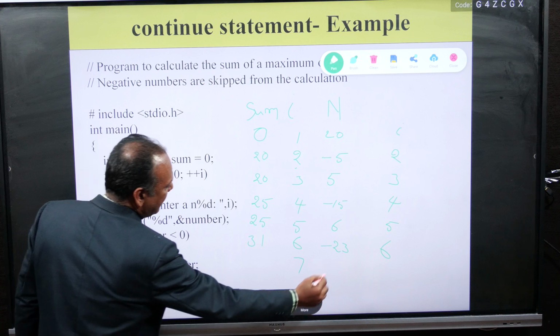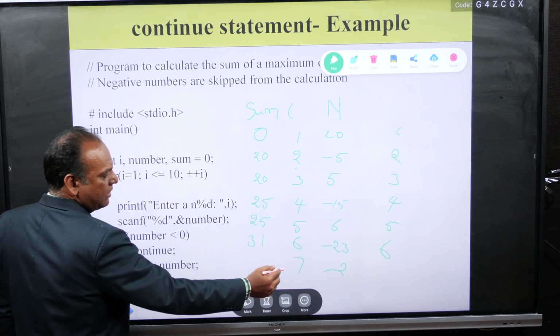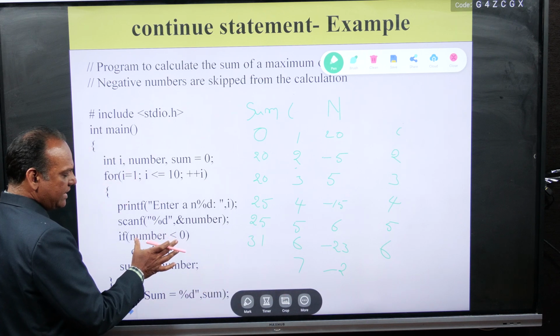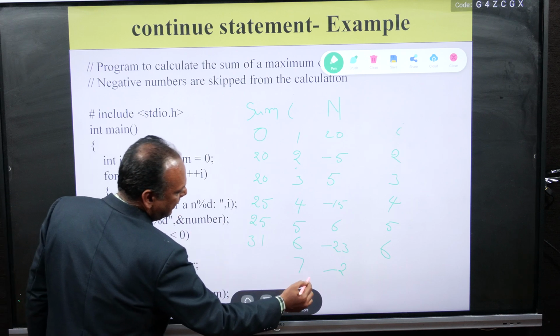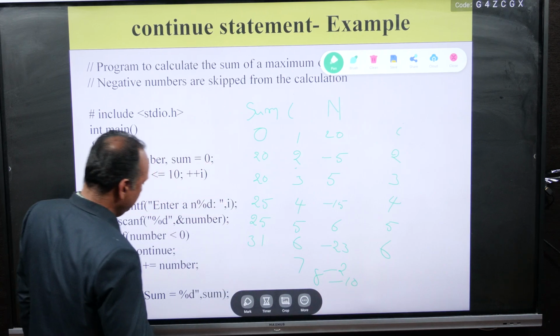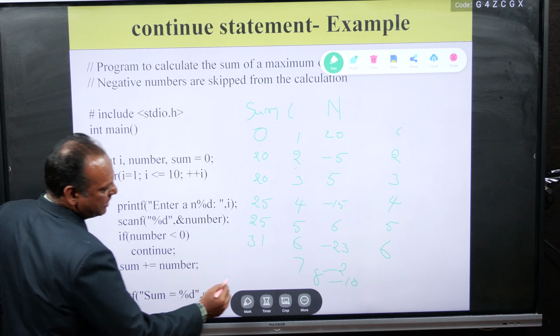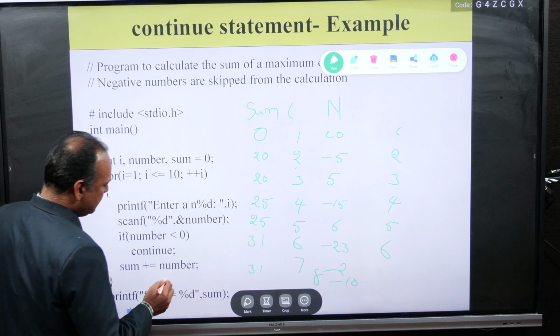That is the 7th iteration. Again I am using minus 2 for the 7th number, and this is also less than 0, so continue makes it go to the next iteration, the 8th iteration. In the 8th iteration I used minus 10, so the sum will be skipped again, and the same value remains in the sum.